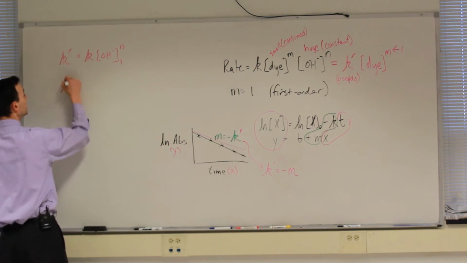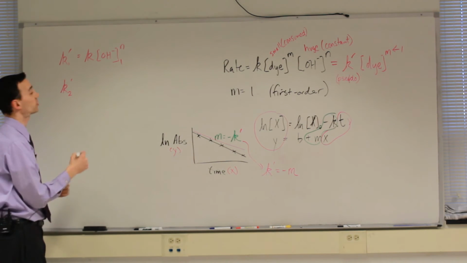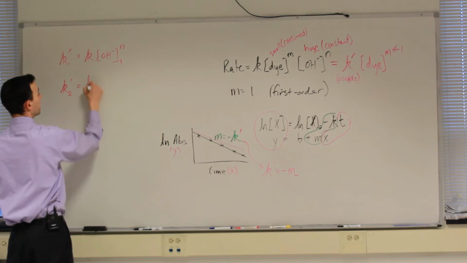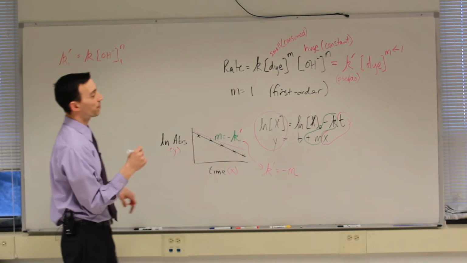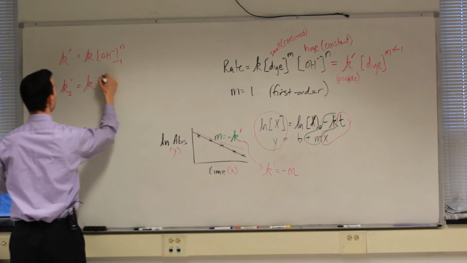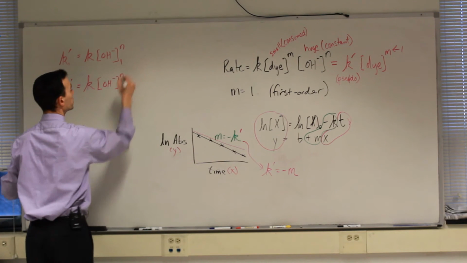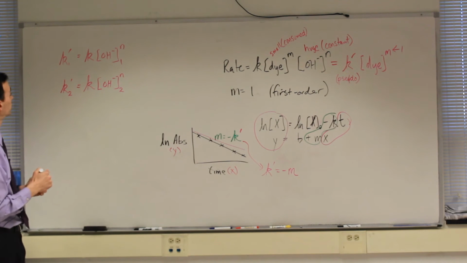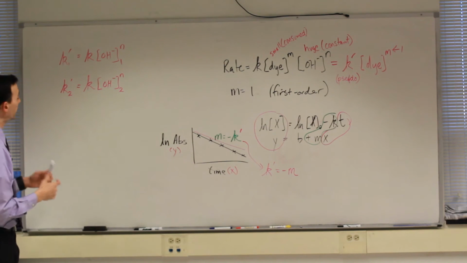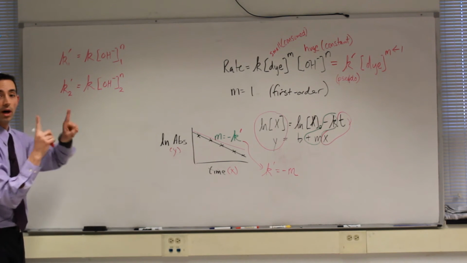So you will get a different number for k prime in the second trial of the reaction. But that second k prime is again the true rate constant times the hydroxide ion concentration that you used in that second trial. So now we have two equations with two unknowns.